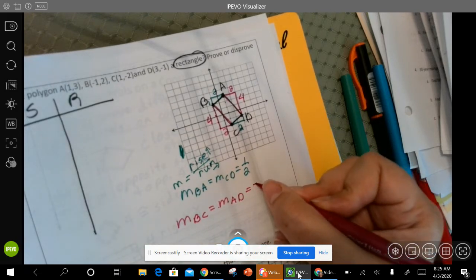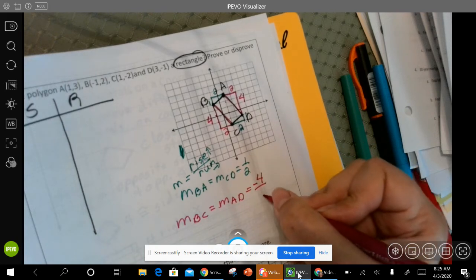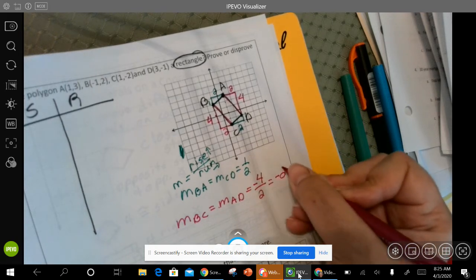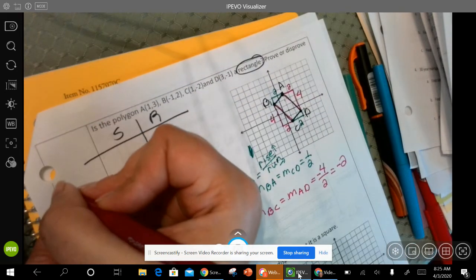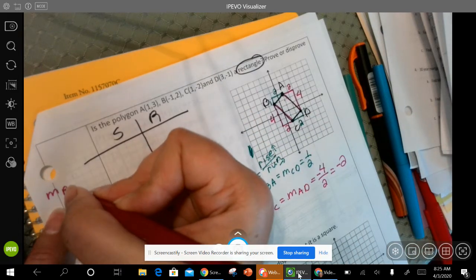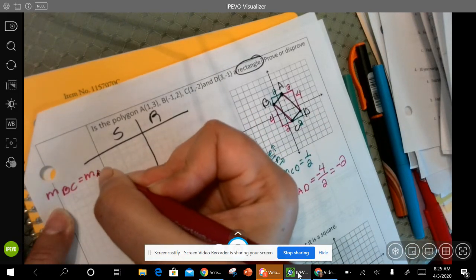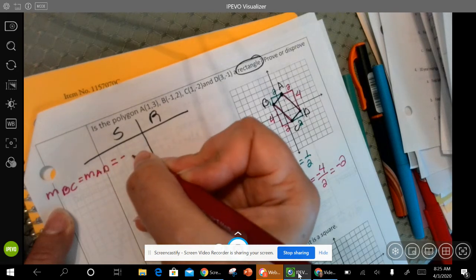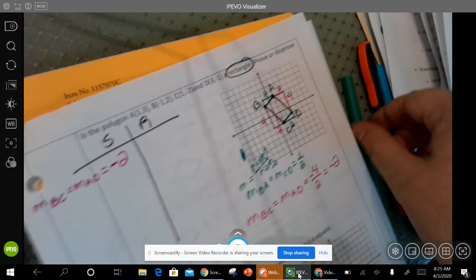So it's going to be -4 over 2, because we're going down 4 over 2. So it's going to be -2. Okay, so we got our slopes. So the slope of BC is equal to the slope of AD, which is -2. You are going to need to know how to do this.